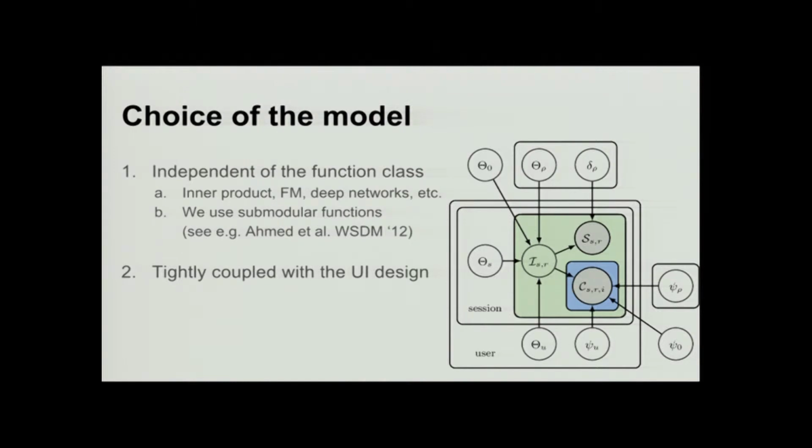In our experiments, we use some submodular formulations to capture diminishing return effects. On the other hand, this model is tightly coupled with the UI design because we need to encode the way that users interact with the system in quantifiable terms. So it is tightly coupled with the specific UI interface.